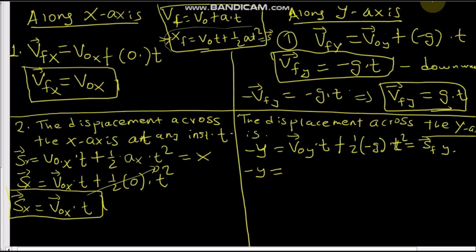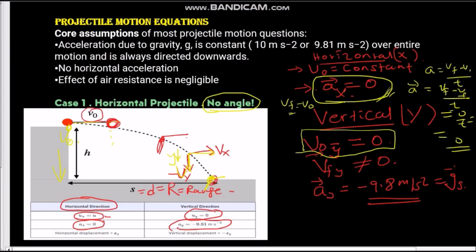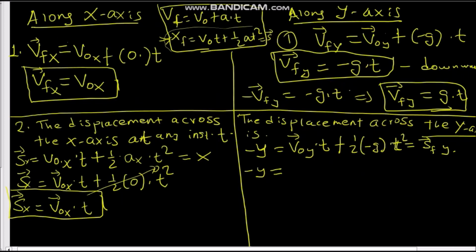Negative y is equal to, we know that for the vertical motion we already said the v initial across the y is equal to 0. So in our equation we know this part is 0. What's left? Minus 1 over 2 g t squared.